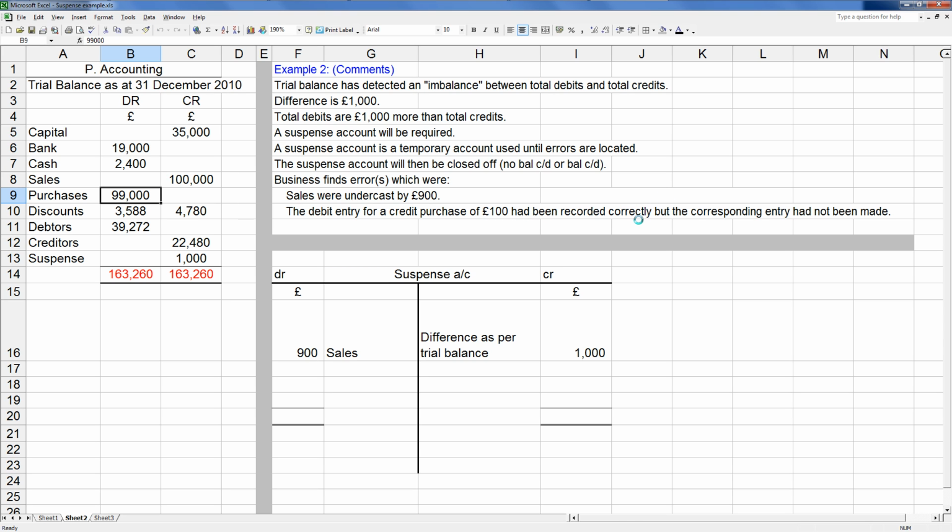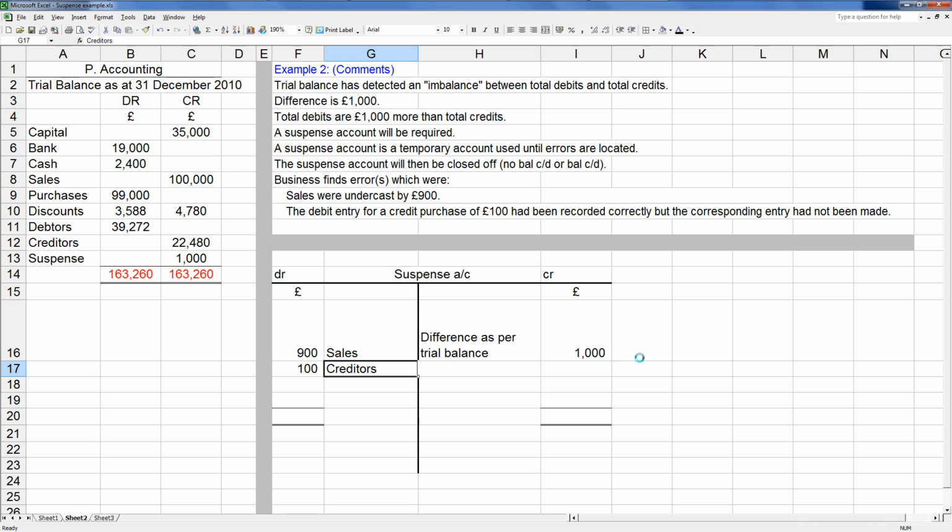So for the £100, for double entry, we will be debiting the suspense to remove £100 from this error, and that would be credited to the creditors. I haven't done the double entry accounts here, but you can easily do a T account for sales and a T account for creditors, and the entries you make in those accounts would be the corresponding entries from this. So you're debiting suspense twice. You would credit the sales £900 and credit creditors by £100 in that case.